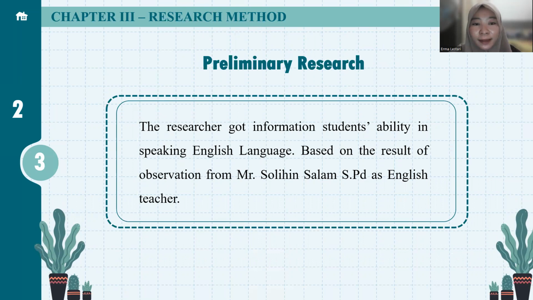The first step is the preliminary research. So the researcher got information about students' ability in speaking English based on the result of the observation from Mr. Solihin Salam, S.Pd., as the English teacher in the 10th grade of SMA Negeri 6 Banjarmasin.